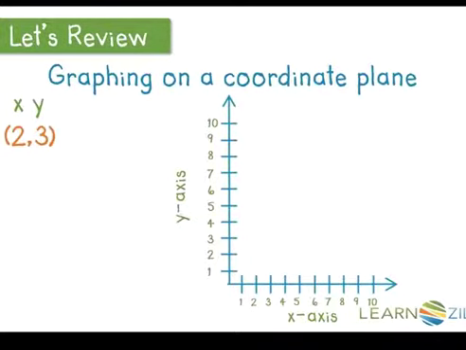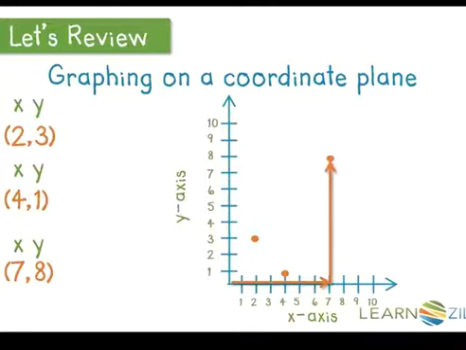So for instance, if we want to graph the coordinate pair 2, 3, we would go to the right 2 and then up 3. If we wanted to graph the point 4, 1, we would go to the right 4 and up 1. And if we wanted to graph the point 7, 8, we would go to the right 7 and up 8.